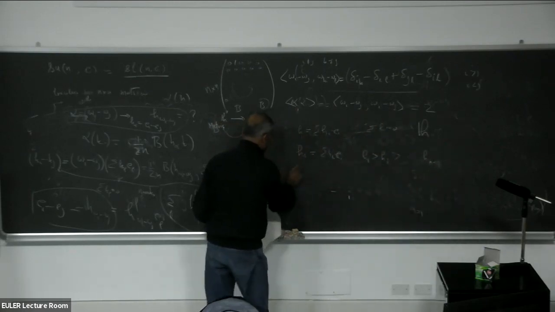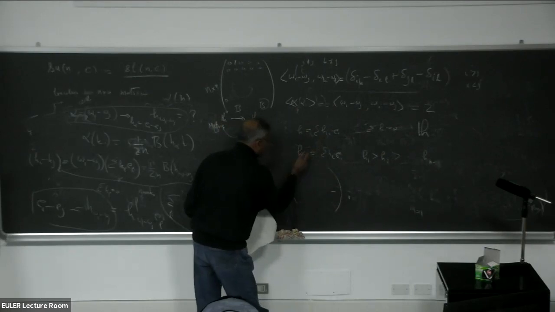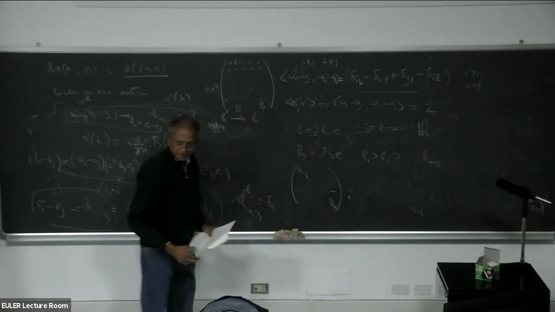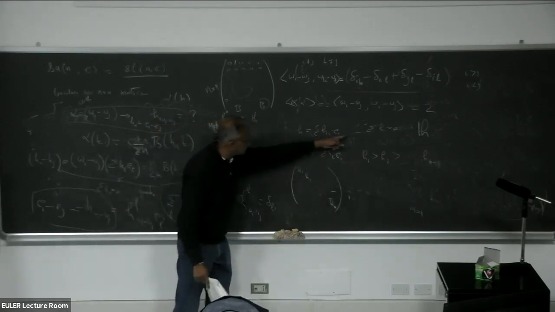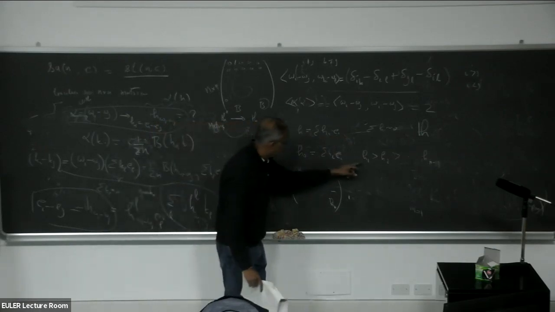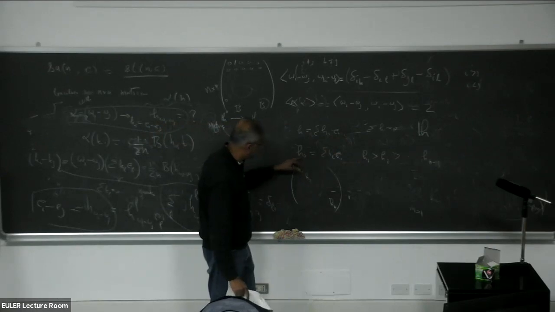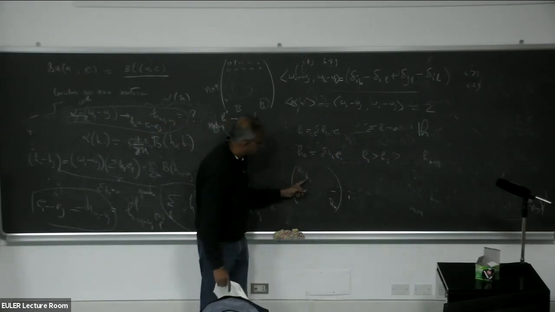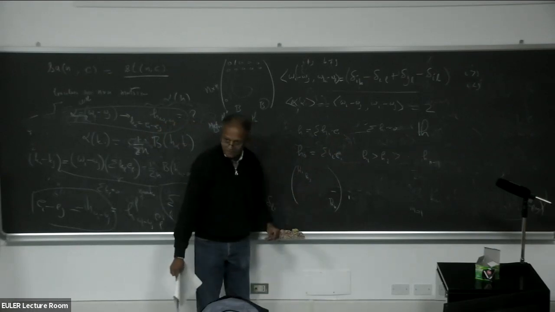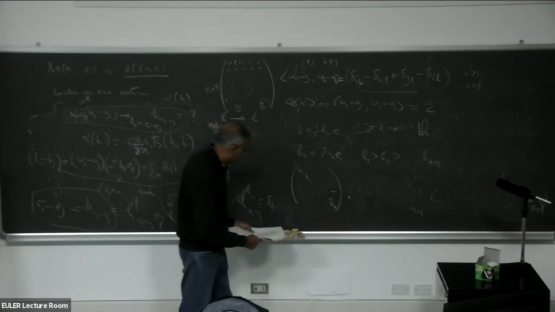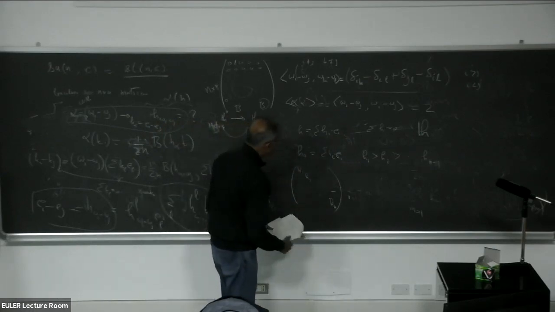Remember, these E_i are just the diagonal matrices, so as a matrix this is nothing else but diag(h_1, h_2, up to h_n), with the traceless condition that the sum of the h_i is equal to 0. Now we choose a particular ordering. We say that H_0 is a particular element with the property that this is greater than that, that's greater than that, and so on.